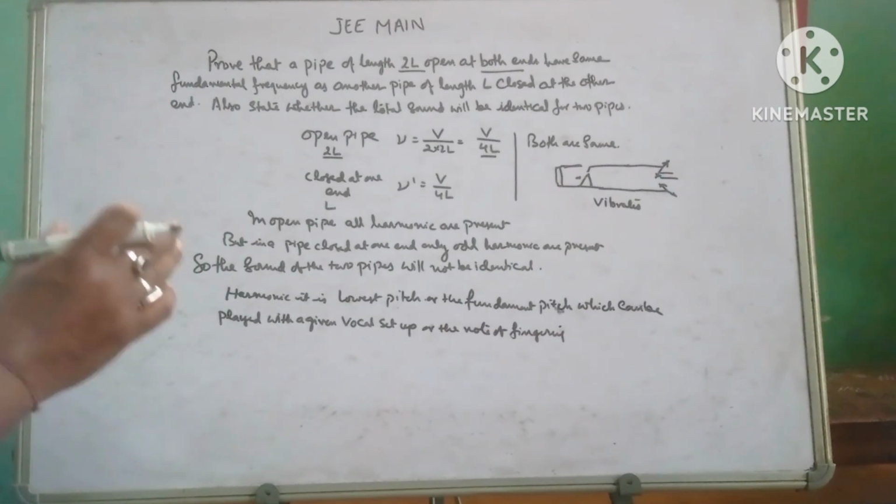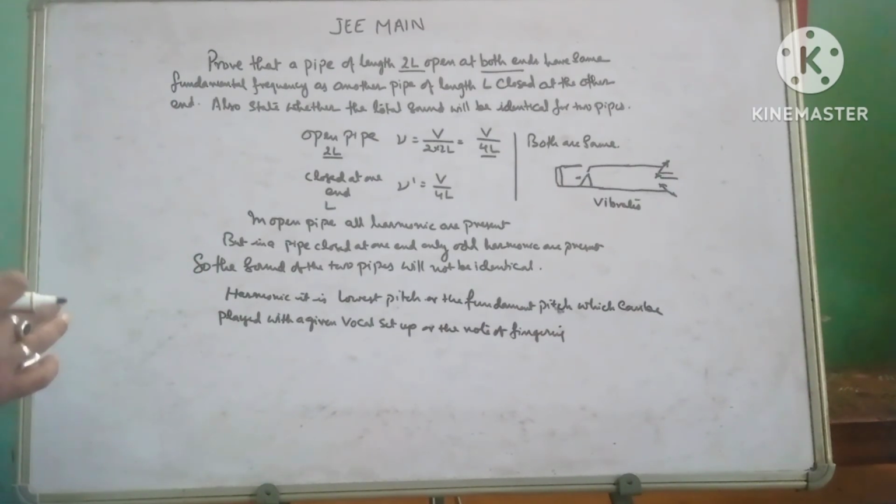That means, for a person who sings a song, his fundamental pitch is the lowest pitch which is set up in his vocal cavity. That is called the harmonic.